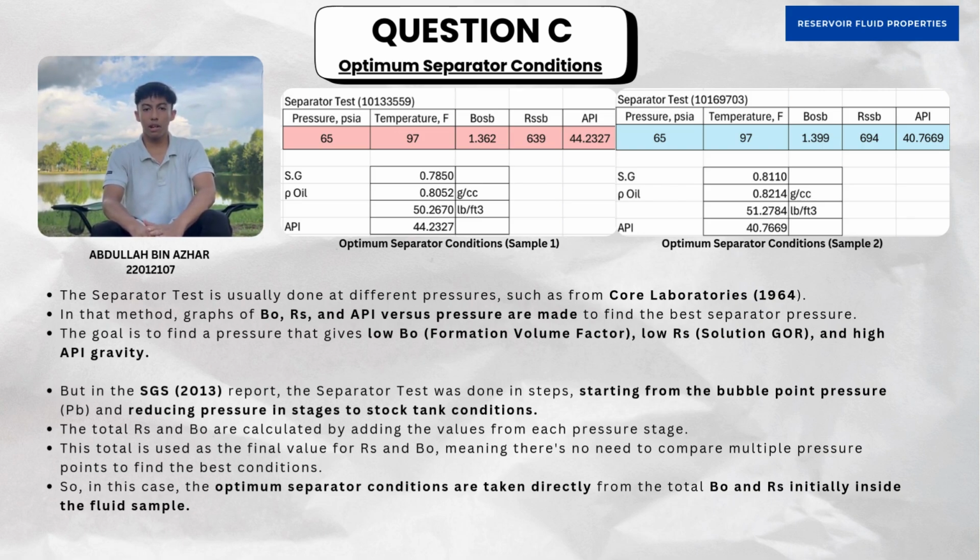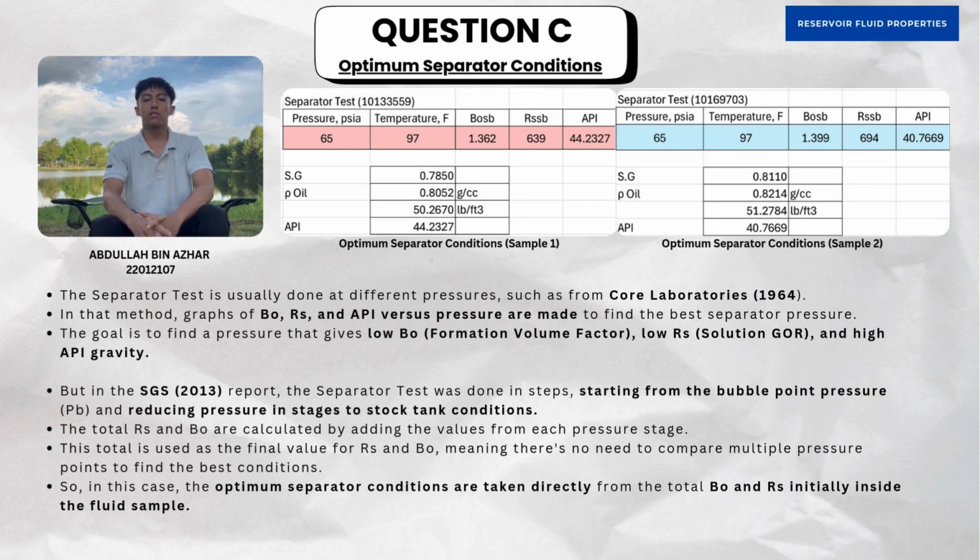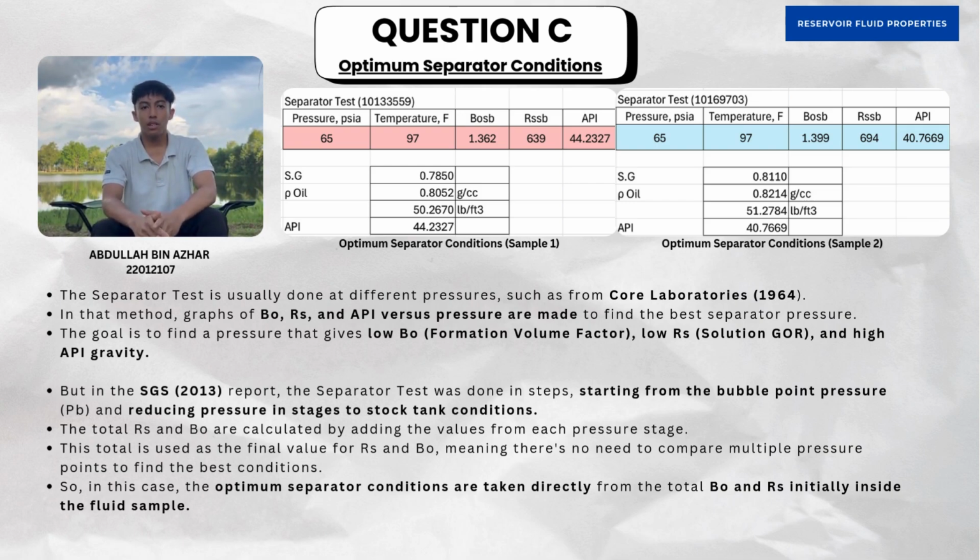So the total RS and BO are calculated by adding the values from each pressure stage. This total is used for the RS and BO, RSSB and BOSB. So there is no need to compare different pressure points to find the best conditions. In this case, the optimum separator conditions are taken directly from the SGS report.